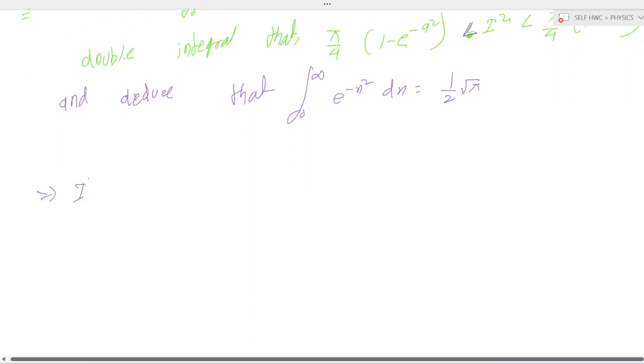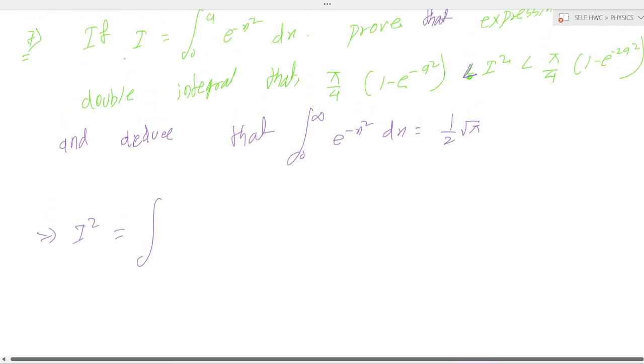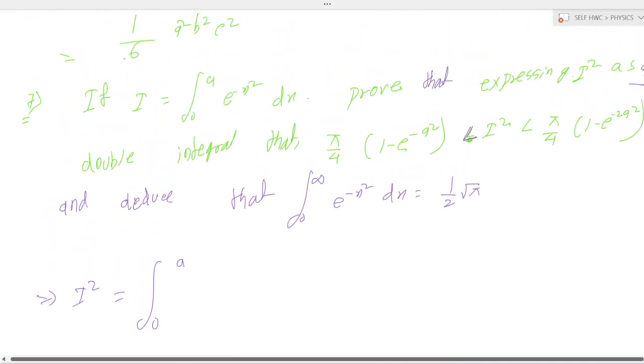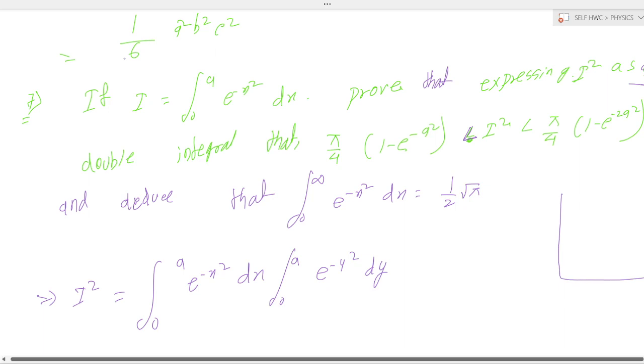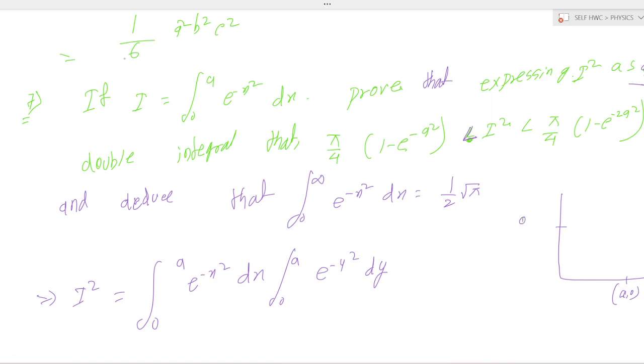So next, find this answer. In the given question, we have integral 0 to a of e to the power minus x square dx and integral 0 to a of e to the power minus y square dy. In this graph, this point is a comma 0 and this is 0 comma a.